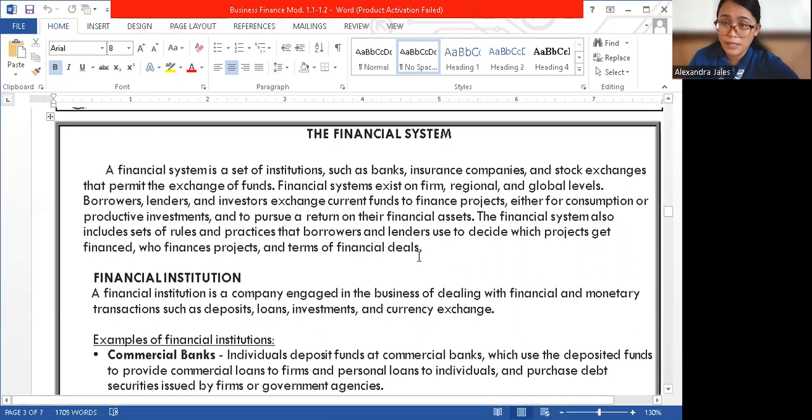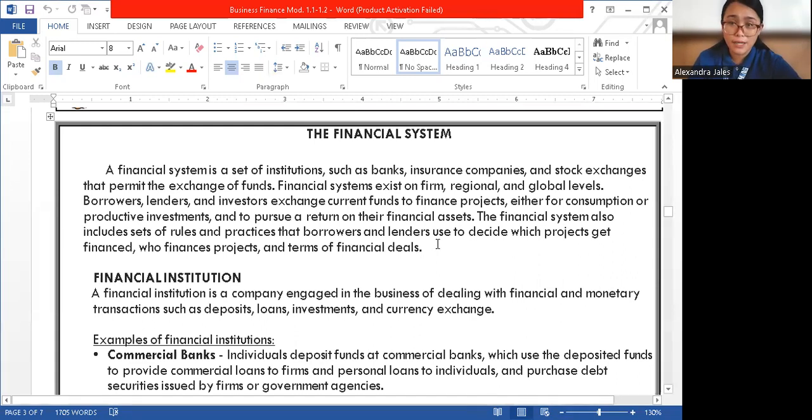So take note, in business finance, you have to take note of these two words: lenders and borrowers. I will let you watch a video later on about how banks earn or make money, and you're going to make a reflection about that video.